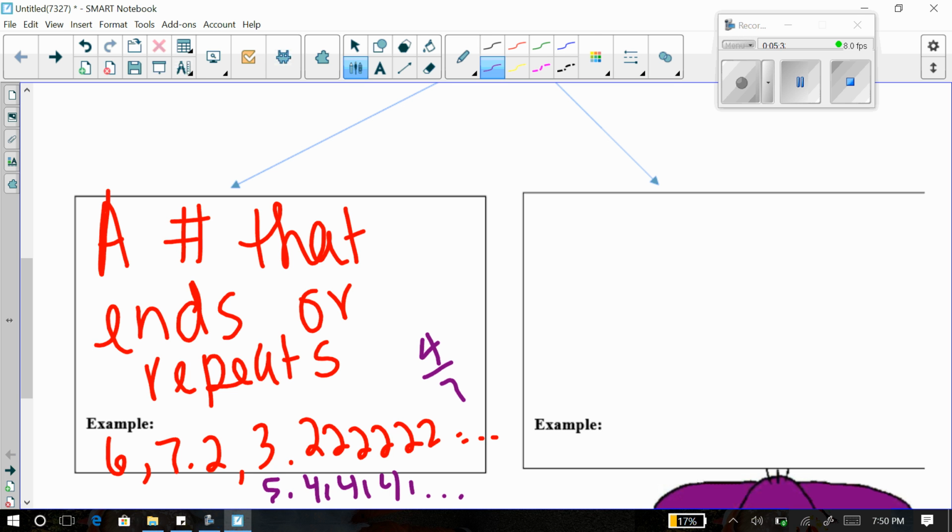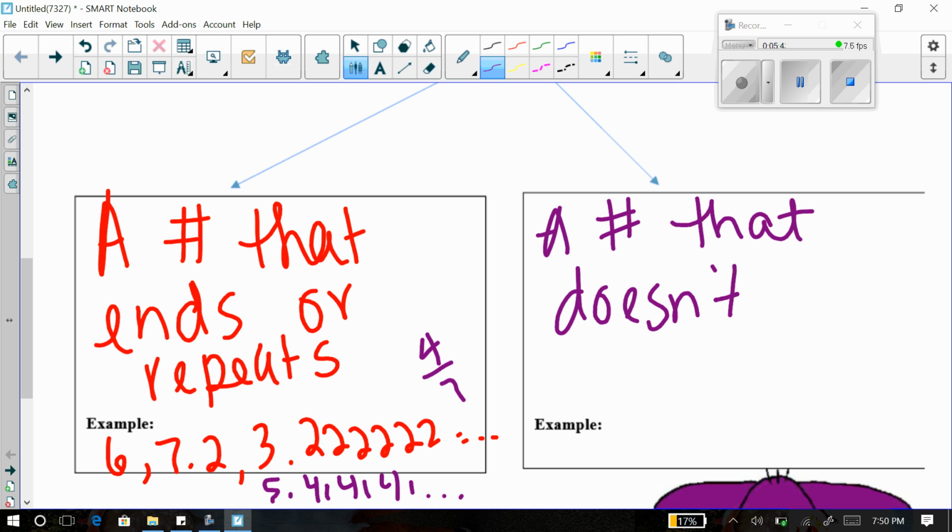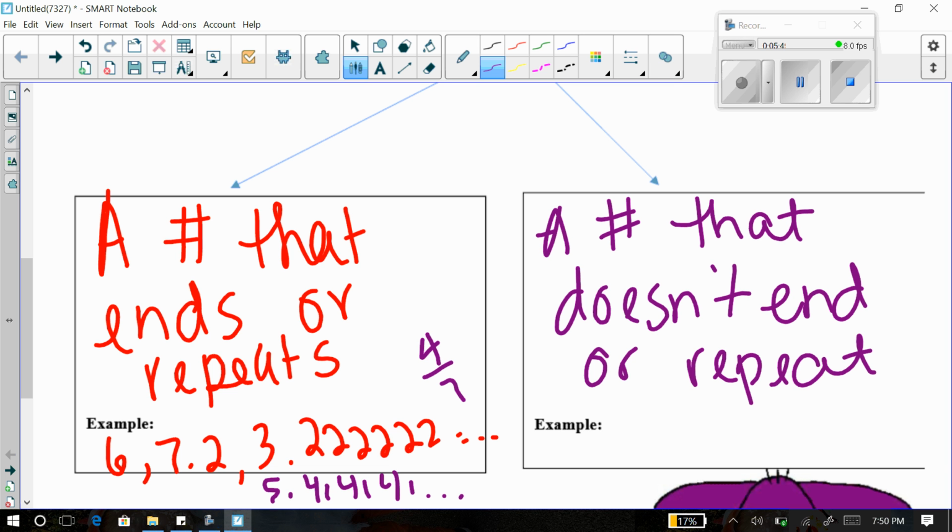Now, an irrational number is a number that does not end or repeat. One of the most famous irrational numbers is pi. Remember, pi goes on forever and ever and ever, and nobody knows the end of it.